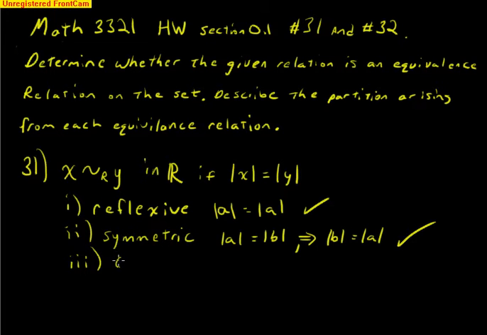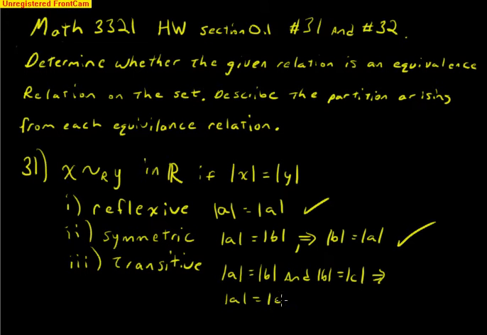Okay, transitive. Is this transitive? That means if you have the absolute value of a is equal to the absolute value of b, and you have the absolute value of b is equal to the absolute value of c, then that implies that the absolute value of a is equal to the absolute value of c.